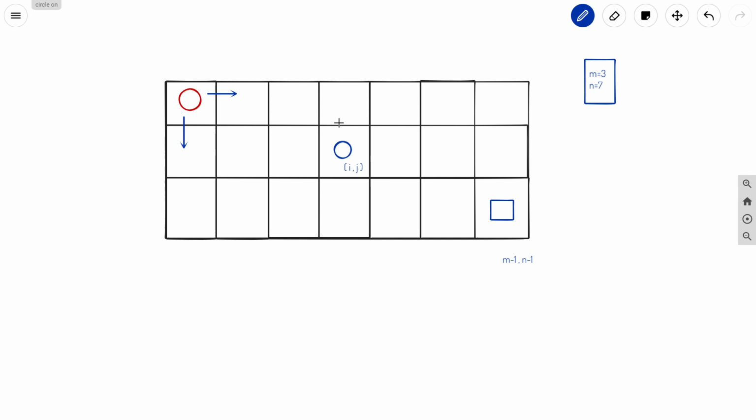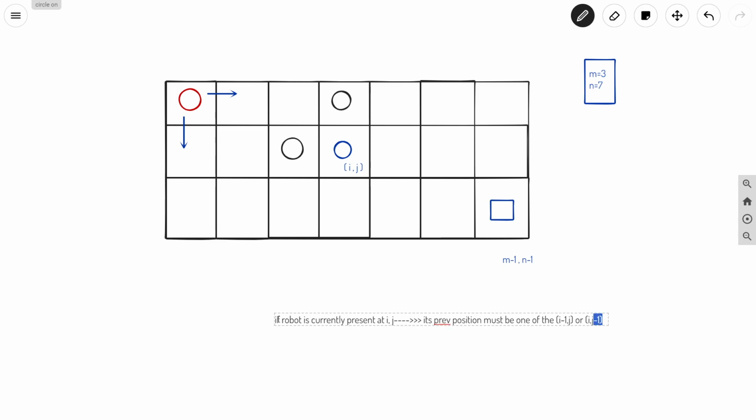If the robot is present at I comma j, the previous position of the robot must be either I minus 1 comma j or I comma j minus 1.